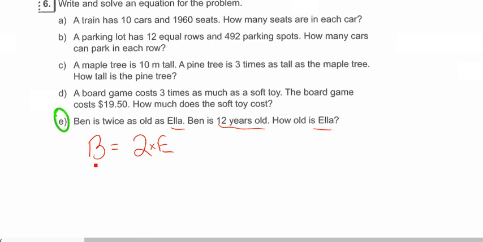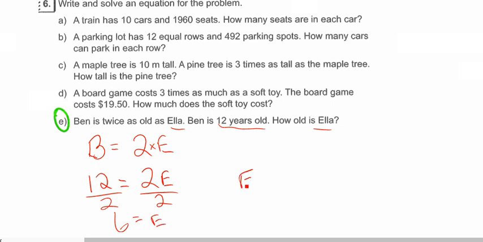We also know that Ben is 12, so we can put in the 12 for the B in B equals 2E, or 2 Ella's ages, and so dividing both sides by 2, you'll know that half of 12 is 6. So in this case, we would finish with a sentence that says Ella is 6 years old.